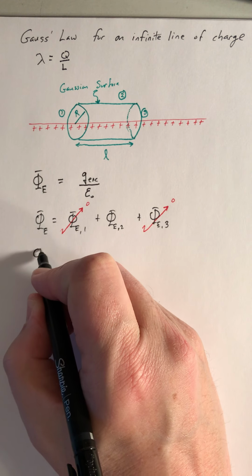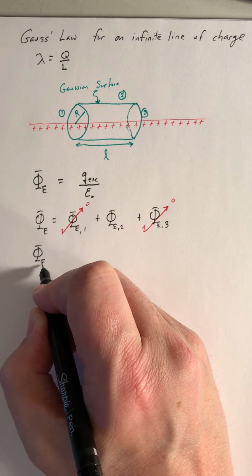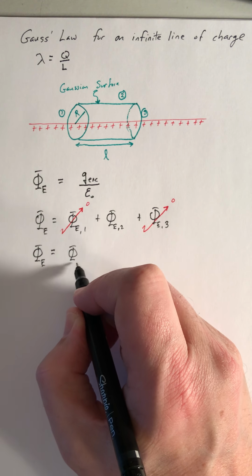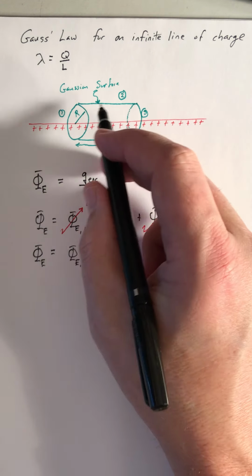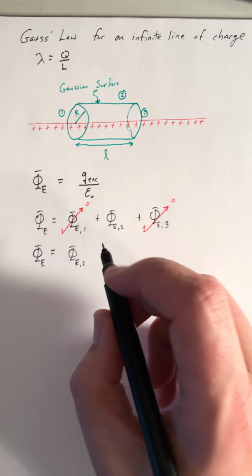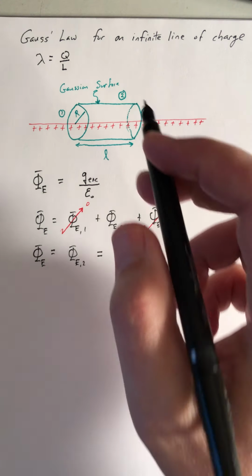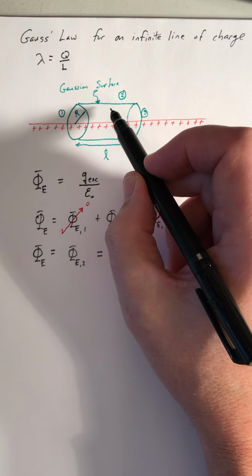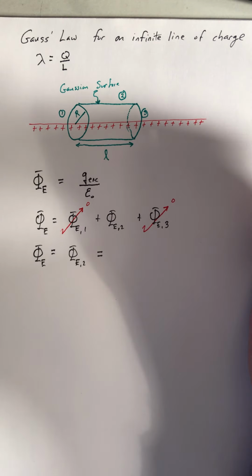So just collecting where we're at, the flux of the electric field is just the electric field flux through this wall of the cylinder. All points on that wall of the cylinder are an equal distance away from the line charge.